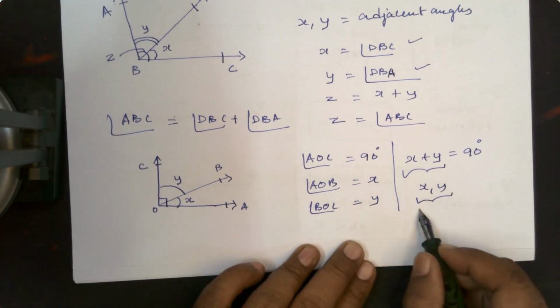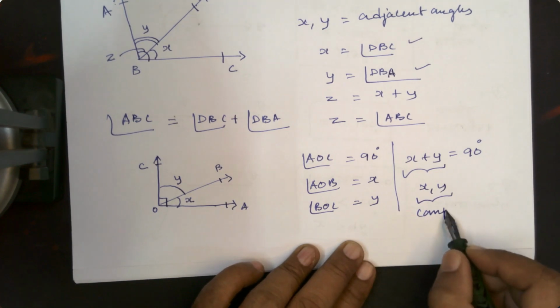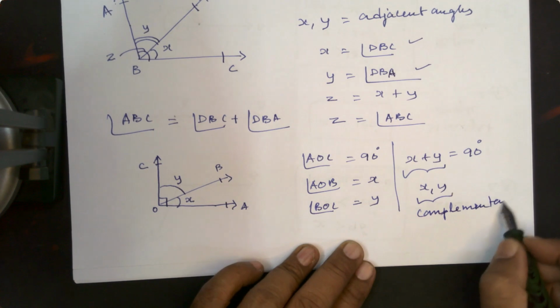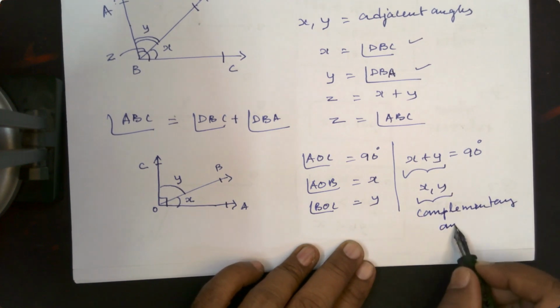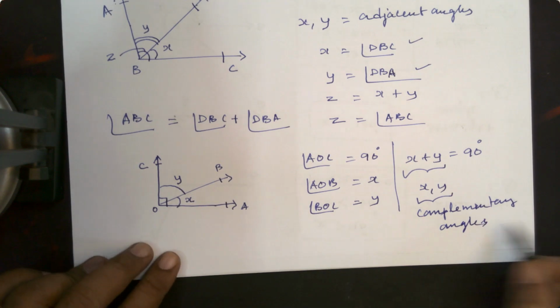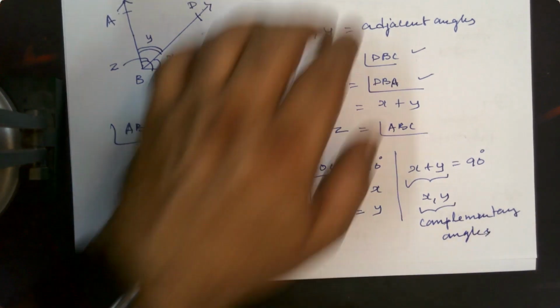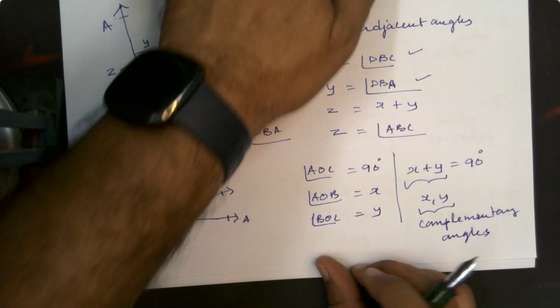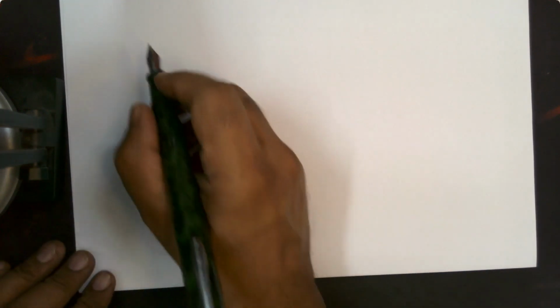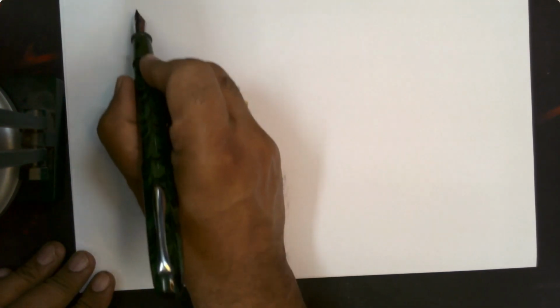By combining these you are able to get 90 degree. Are you able to follow? So if you come across such types of angles, you can find that the sum of their angles will be 90 degree.